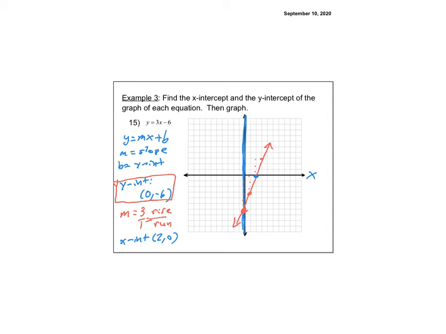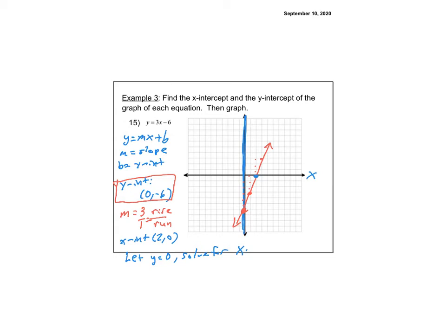The easiest way, however, to do that is to go ahead and let y equal 0 and solve for x. Because you can't always see it on the graph. If you can see it on the graph, you can go ahead and just name it. But that doesn't always happen. In this case, it did happen, so it made it nice. So let's just do it also this way.